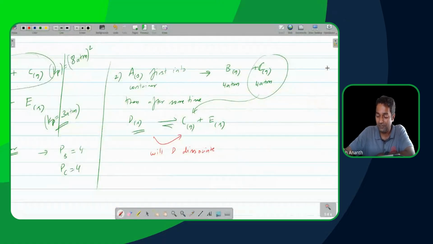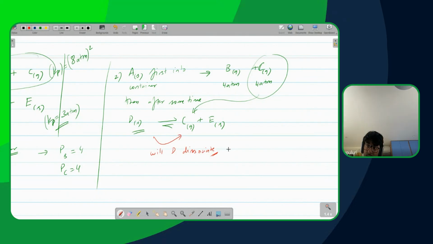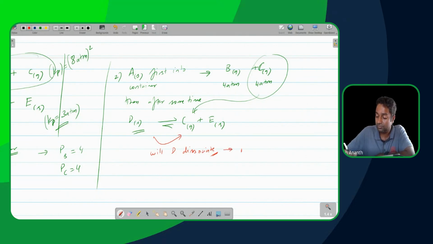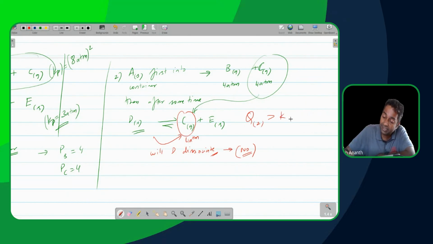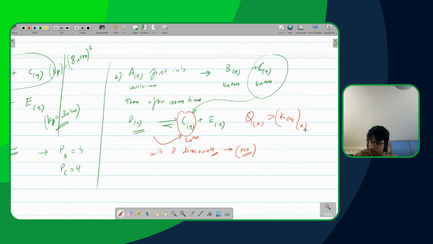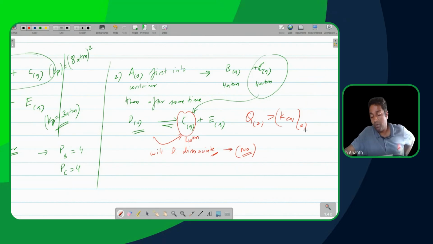So be specific. Will D dissociate? Yes or no? No. Why? Because this is already 4 atm. This is already something where the Q is much greater than the K equilibrium for the second equation. So there will be no chance of D dissociating over here.